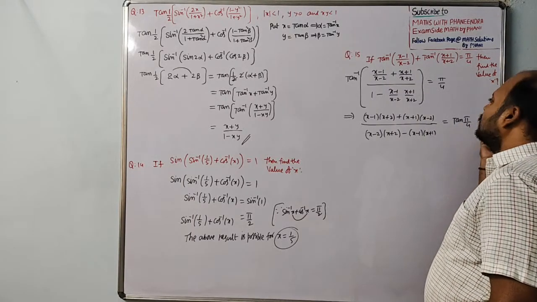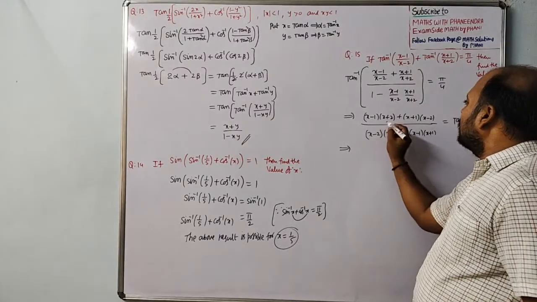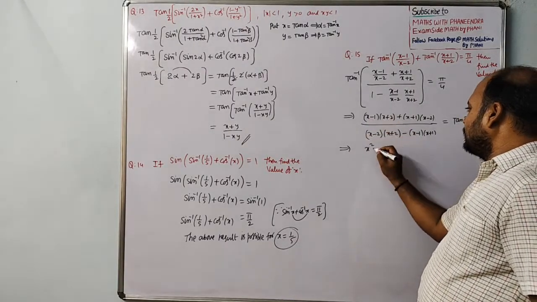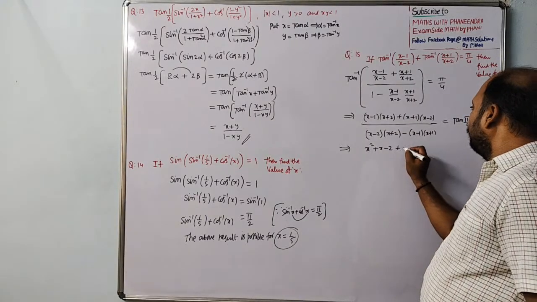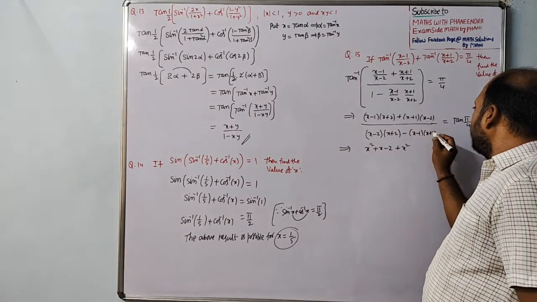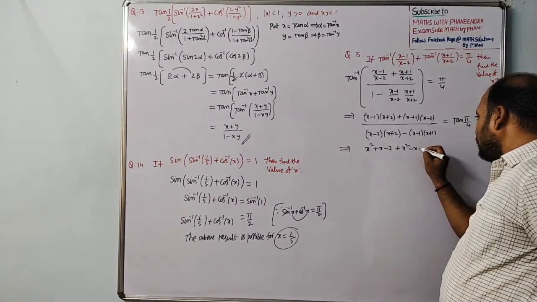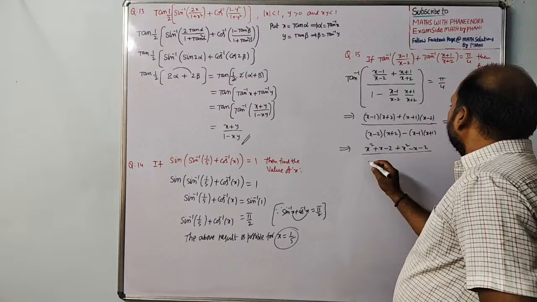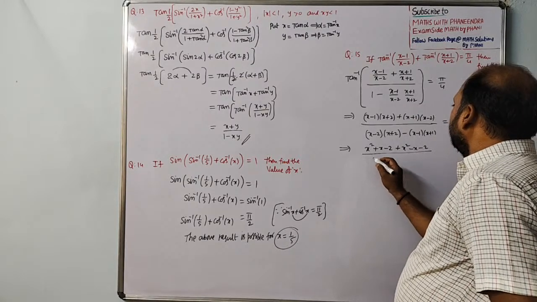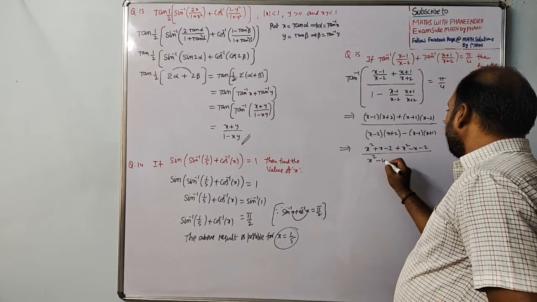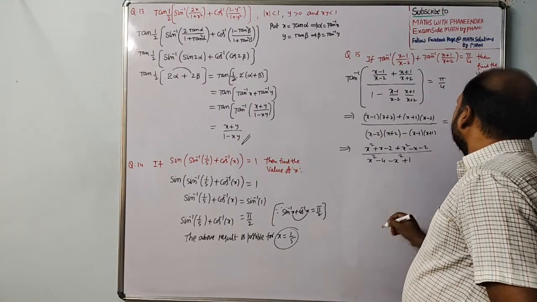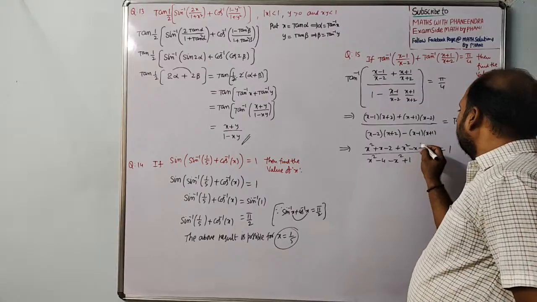Tan pi by 4 value is equal to 1 only, no? So actual multiplication: x square plus 2x minus x minus 2 plus x square minus 2x plus x minus 2 by, here x square minus 4 minus x square plus 1 is equal to 1.